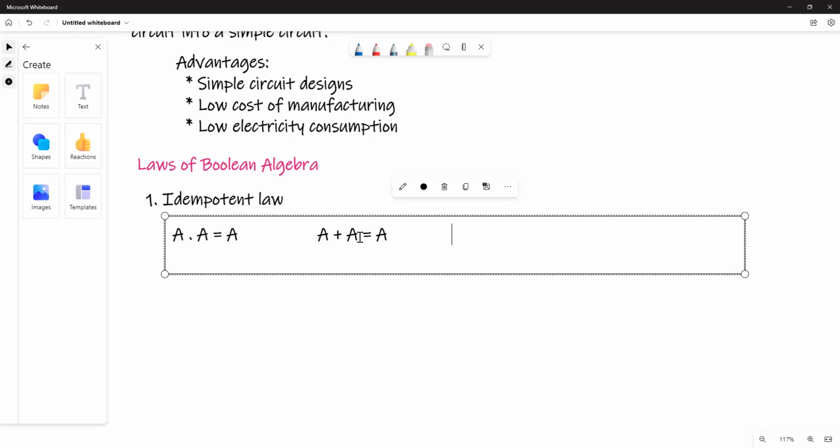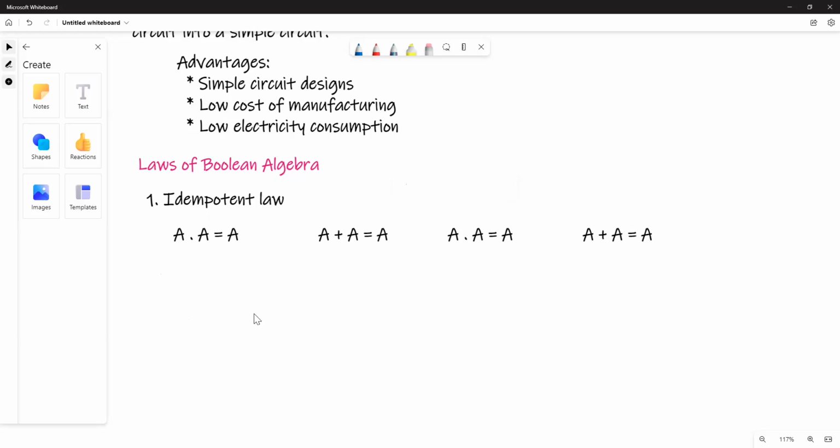And similarly, we can also get complements. When you have A bar dot A bar, it should be A bar. Similarly, A bar plus A bar should be A bar. Right. So here are the four rules with idempotent loop.